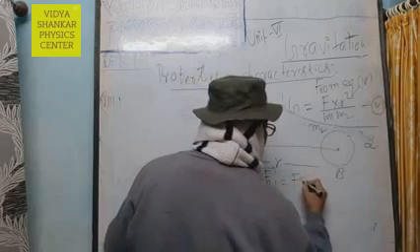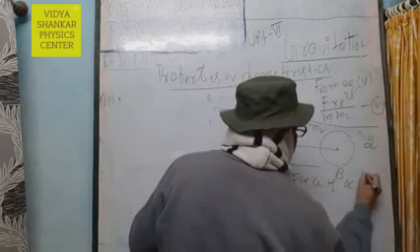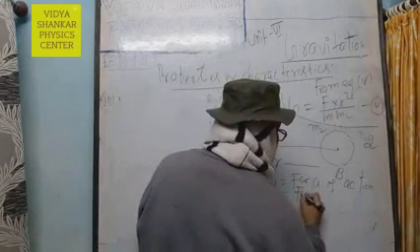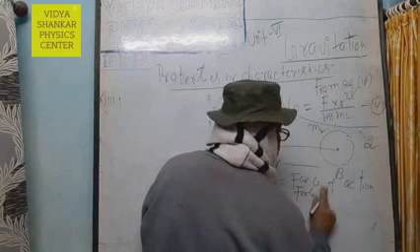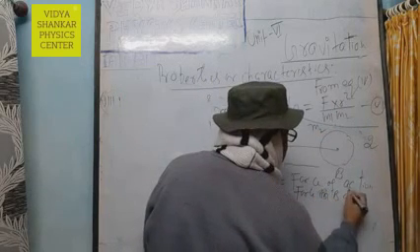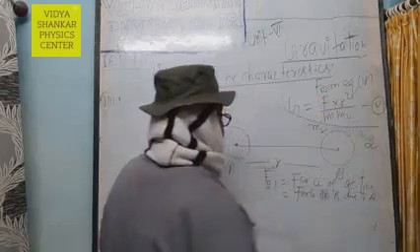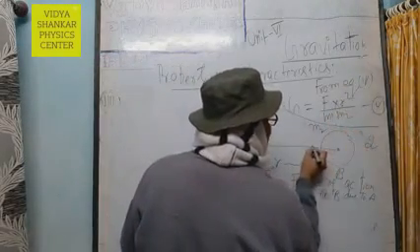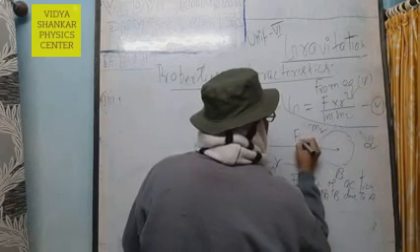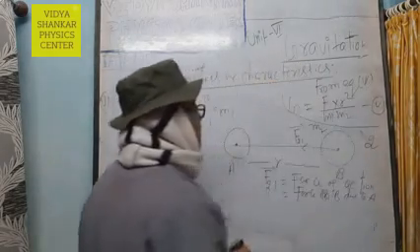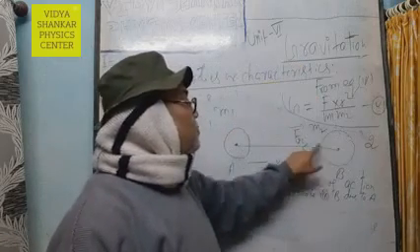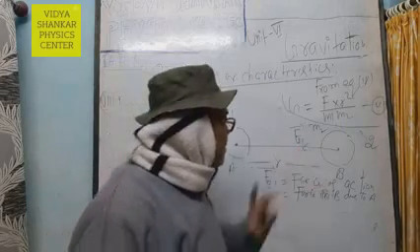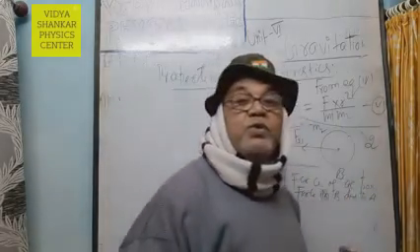Force of action means force on B due to A. The force exerted on the second body is F21, the force on the second body due to the first body. That is called the force of action.